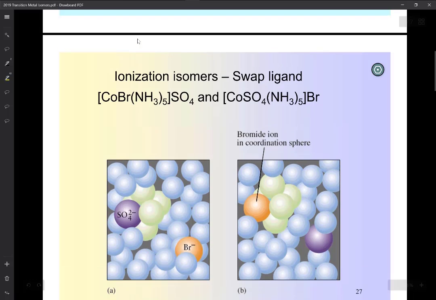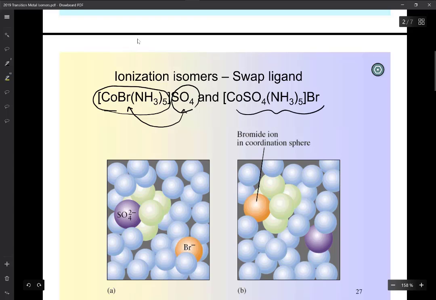So let's think about this as being in a sphere of a complex ion. It's an octahedral complex with 6 ligands. Then what you do is you take one of the ligands and replace it with the anion on the outside, and you would bring that in like this, and then the bromine, and then you end up with this. And this is known as an ionization isomer. It's the ions switching places.